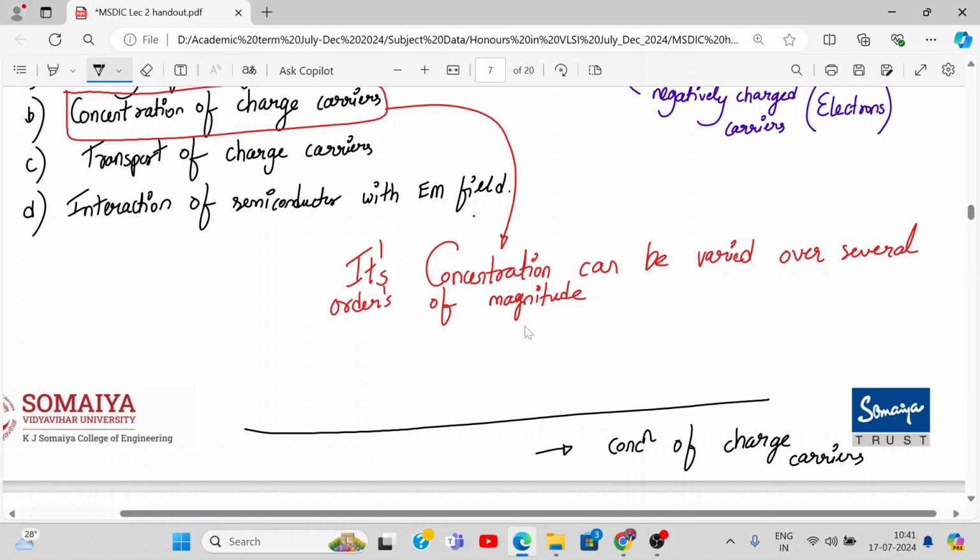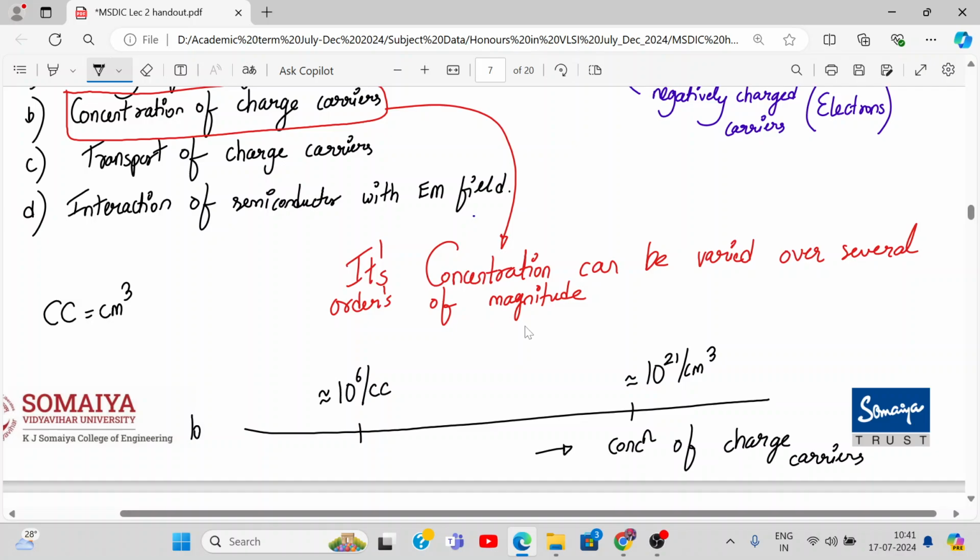Let me bifurcate this too. Here the charge carriers are around 10 raised to 6 per cubic centimeter. The cc means cubic centimeter. Here it is 10 raised to 21 per centimeter cube.